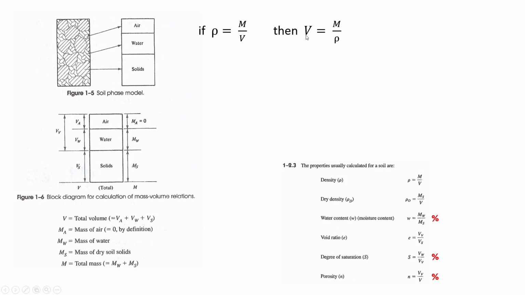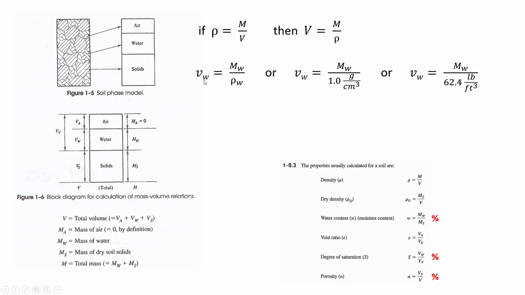And volume is what we want to solve for right now. That's true about anything: the volume of any object, volume x, is equal to the mass of that x divided by the density of that x. So in our diagram, remember I always said we start here with our masses, we come up, and then we come over. So I'm going to recommend that we solve for volume of water next.